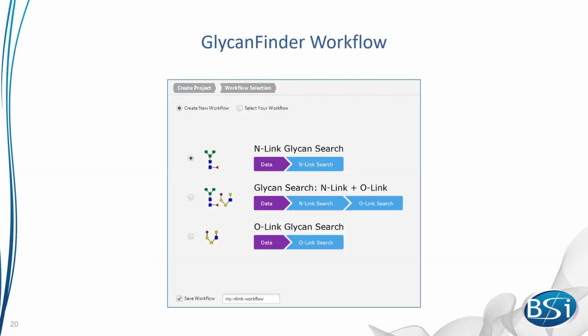Currently, Pix GlycanFinder offers 3 workflows: N-link GlycanSearch, O-link GlycanSearch, and one more, where we perform the N-link GlycanSearch first, and then we perform the O-link search on the unidentified spectra. We have the option to save the workflow so that the workflow and the parameters in each step can be reused for our other projects later.